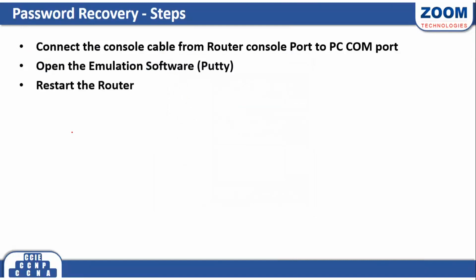Next step, restart the router, like power off and power on. After restarting, press the Control Break key on your keyboard. You can see the break key on your keyboard. Control Break enters ROMmon mode. In ROMmon mode, you can change the register value.